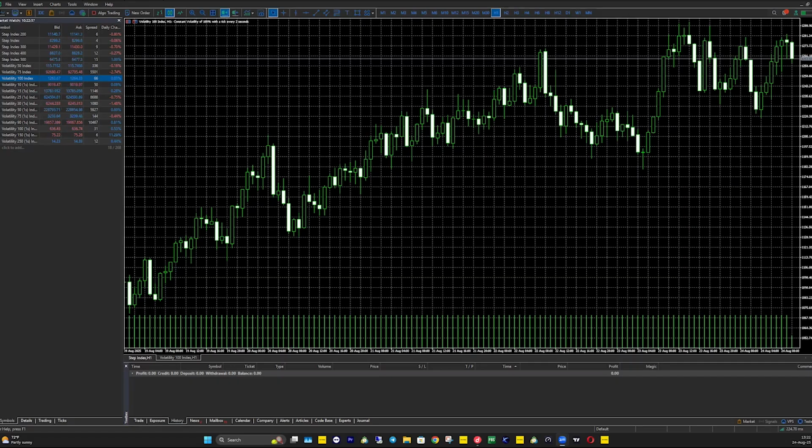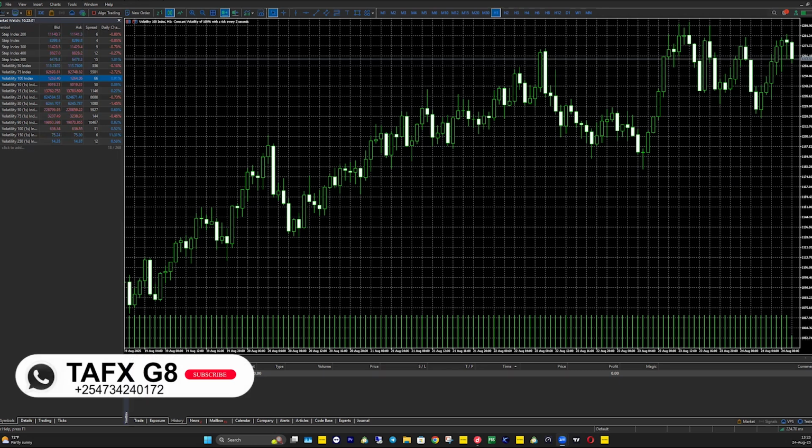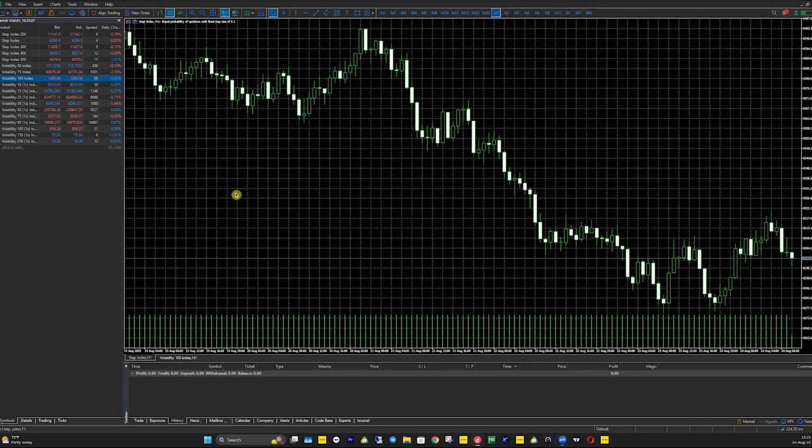I'm going to use a good example of Step Index and also Volatility 100, because one of them has a buy trade, as you can see on your screen, and the other is on a sell trade, so that you can understand the basics of when the market is selling and when the market is buying.